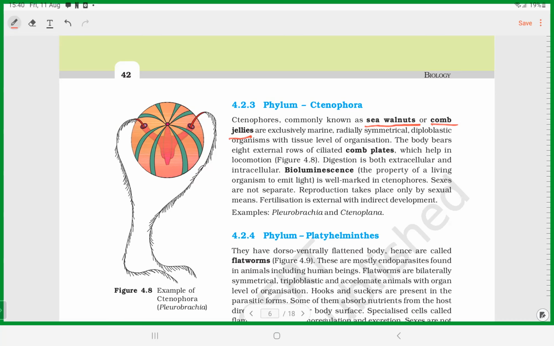That's the first point you should know. And the second one, exclusively marine, so they are marine organisms.